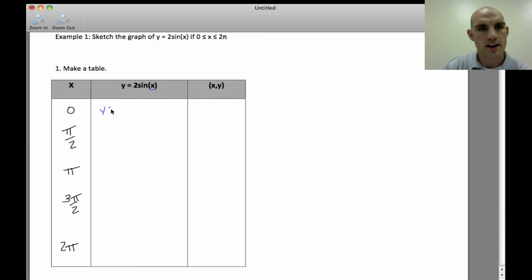So if y equals 2 sine of 0, when I do that actual function, I get 0, so my ordered pair is going to be 0, 0, so my sine graph is going to start at 0. Makes sense.